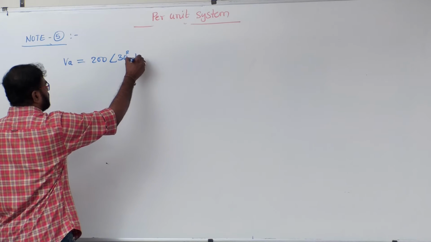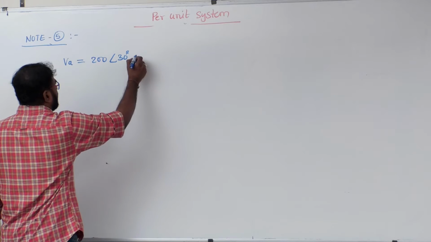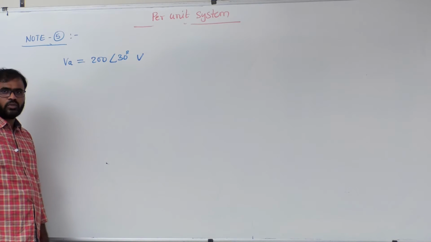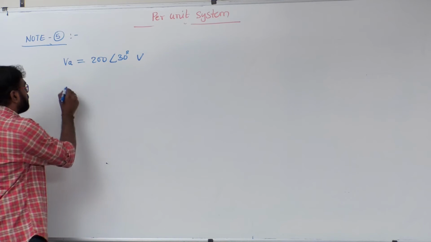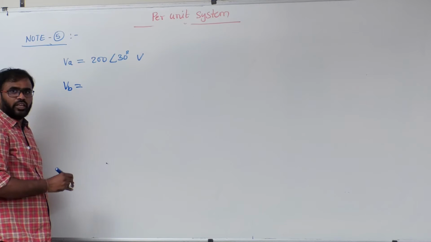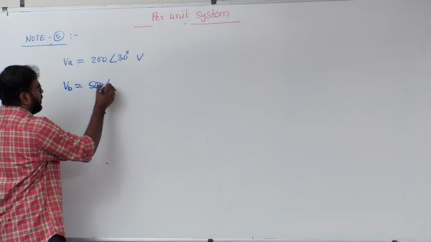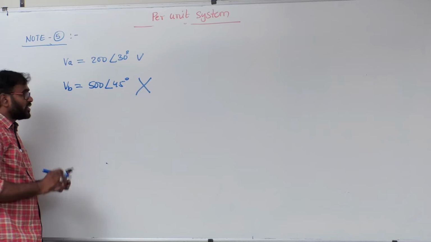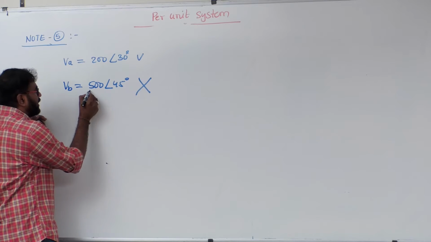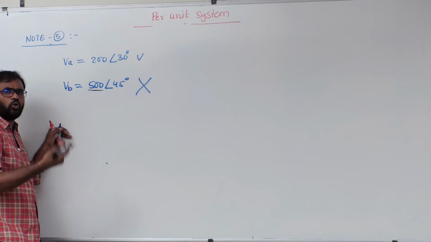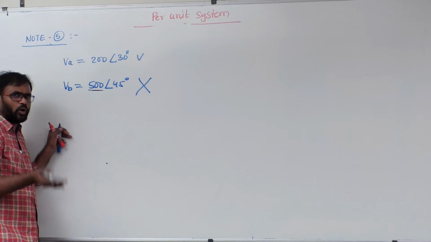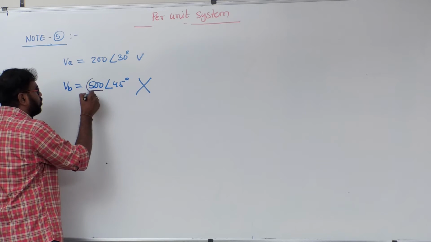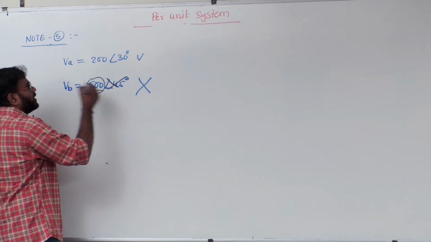Yes, that is possible. 200 at an angle of 30 degrees volts. Now what I am saying is, if I write the base voltage something like this, 500 at an angle of 45 degrees, this is a blunder, because the base has only magnitude. It might be voltage, impedance, or power, whatever it may be. Base means it has only magnitude, no phase angle.